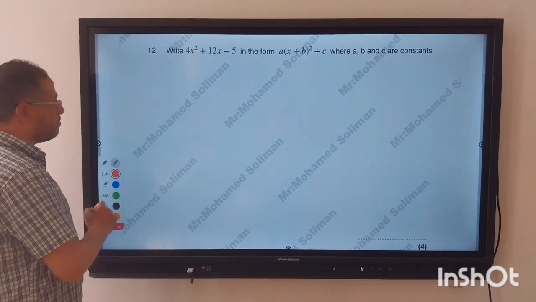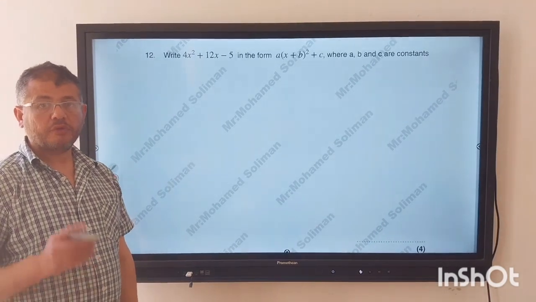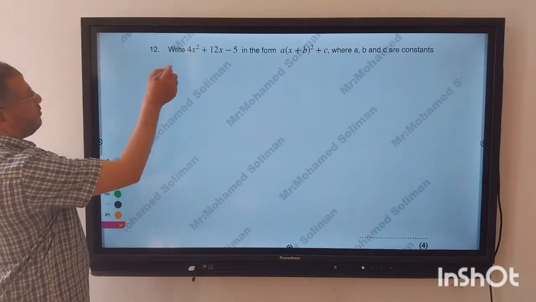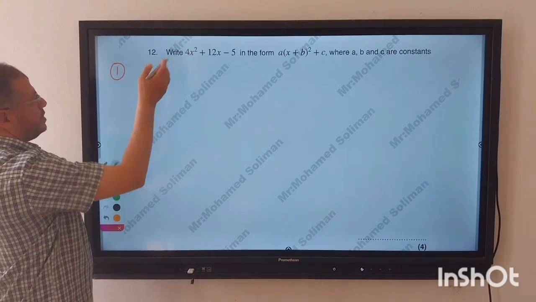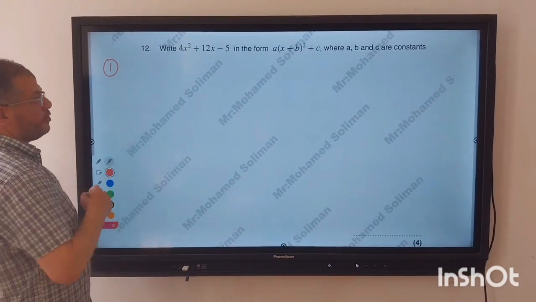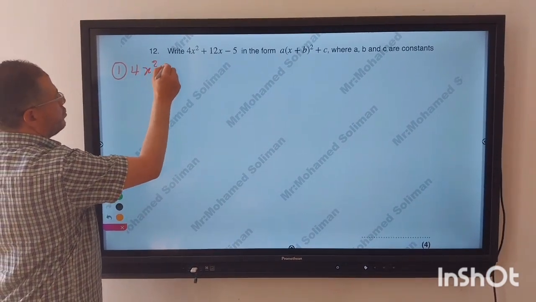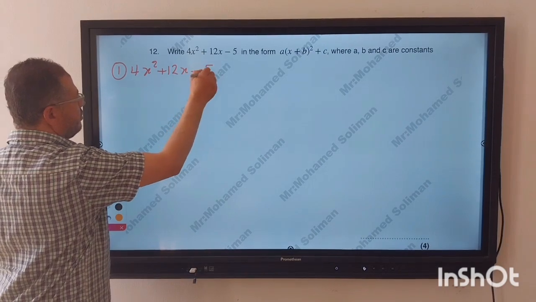Let's see. I have to follow the steps that we had before. First one, I have to make sure the quadratic equation is written in the form that I want to work with. So it will be 4x² plus 12x minus 5.